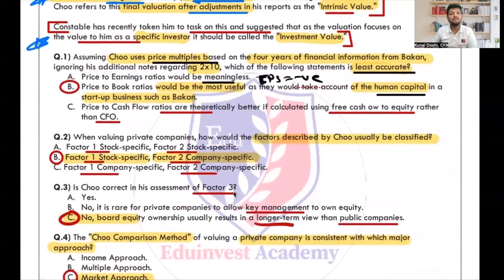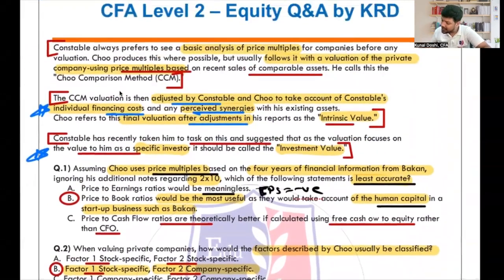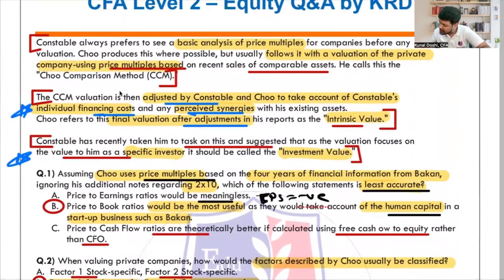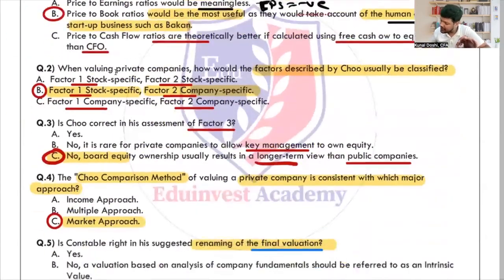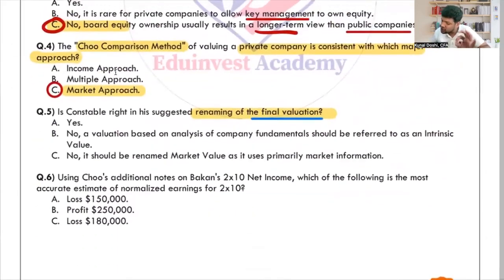In this case, what are the final valuation options I have? They have provided me this information where they have said the valuation focuses on a specific investor. As an investor, yes, you call it investment value, correct? But here the question is, is he right in his valuation approach?